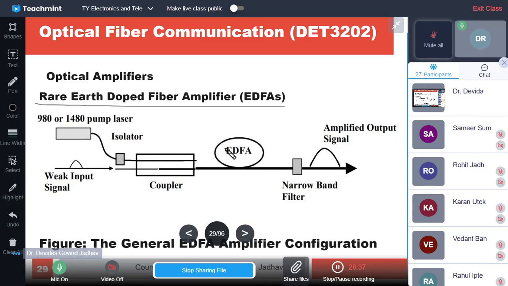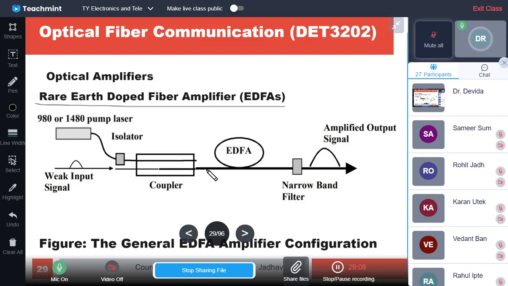EDFA is the erbium doped fiber amplifier. So this amplifies it with the mechanism of stimulated emission, and it gives it to the filter, which filters out the unwanted optical wavelengths and gives only the signal wavelength, which is amplified, multiplied. So this is the amplifier output in the EDFA.